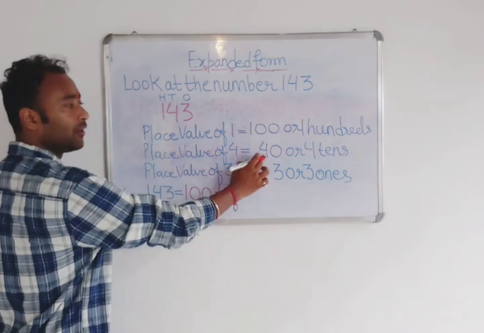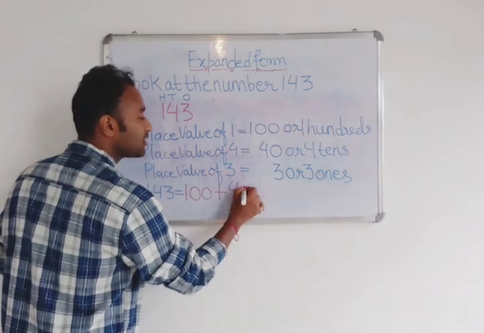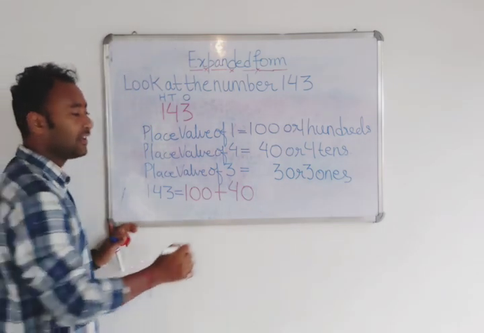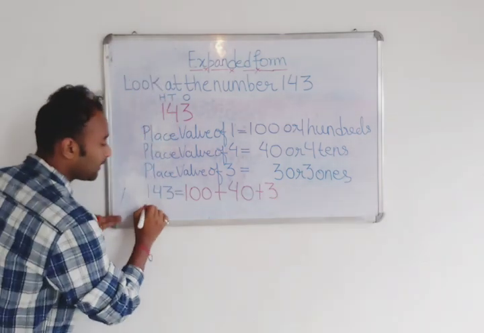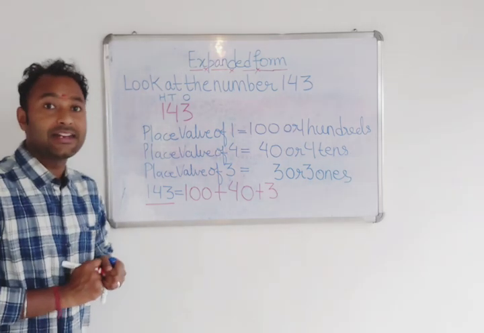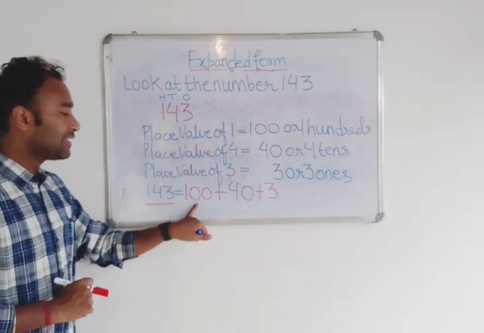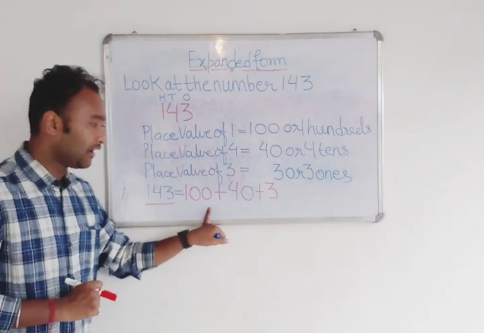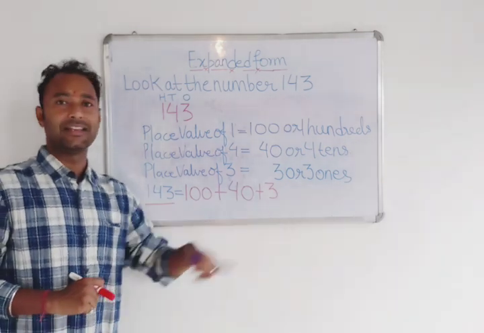Plus, what is the place value of 4 tens? It is 40. And then it is 3. So now if anyone asks you what is the expanded form of 143, you can easily write 100 plus 40 plus 3.